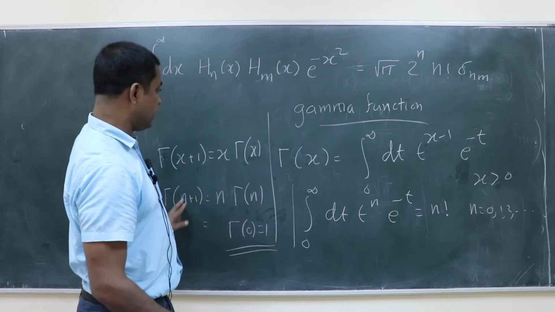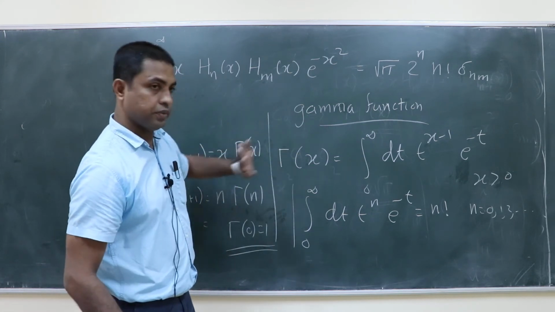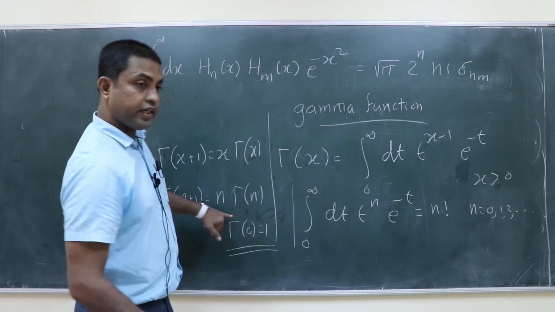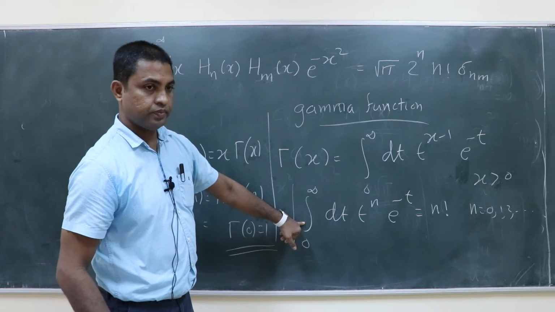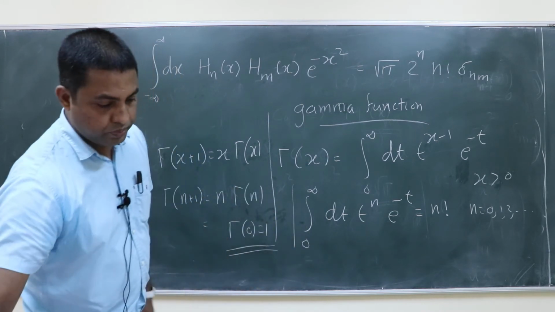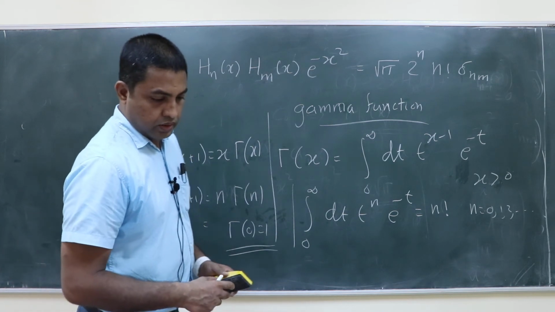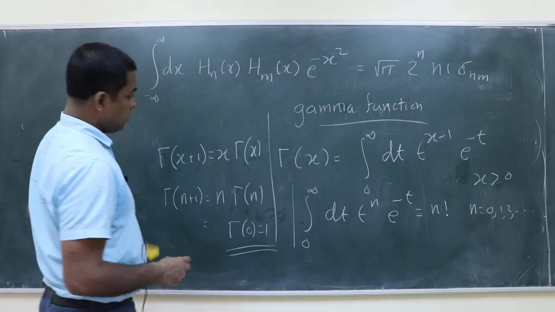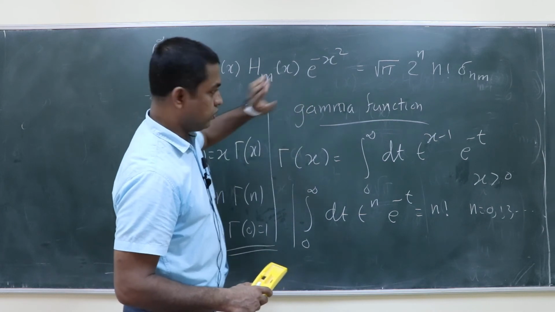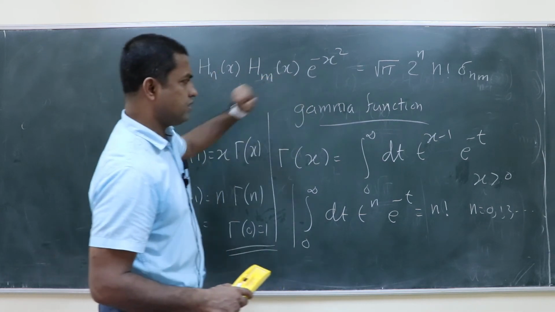So you can see that from this, if I substitute x as an integer, you get the factorial function. It is also called the Euler integral of the second kind. Okay. So right now you understand this is a gamma function.